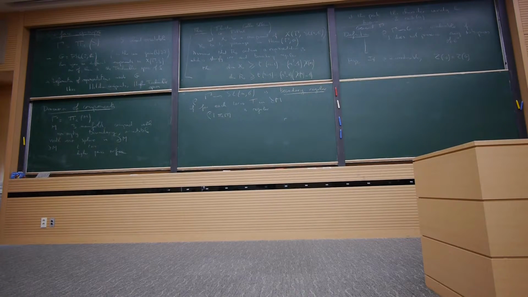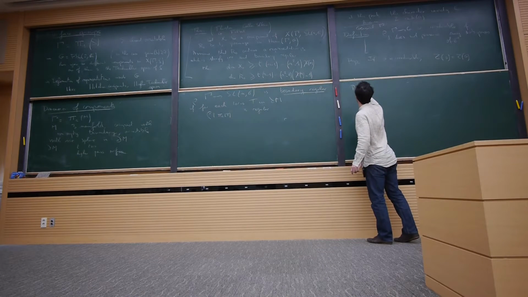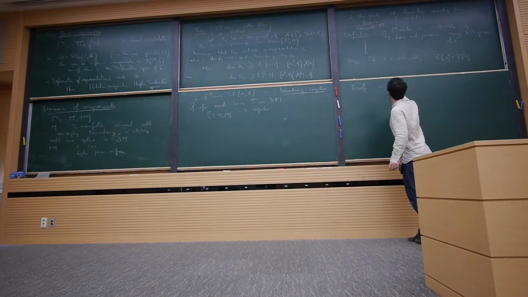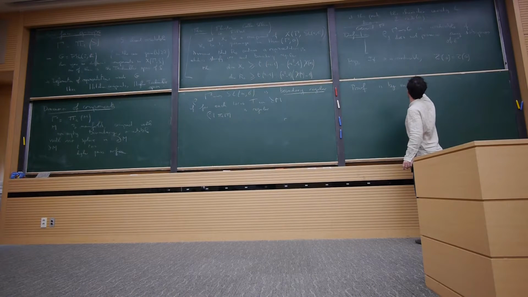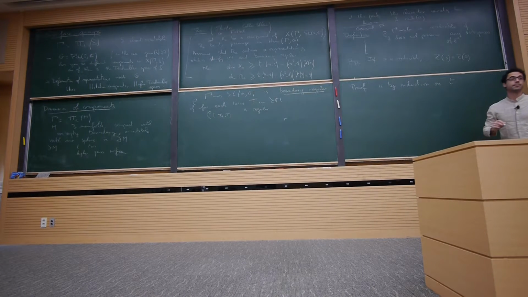Okay, so the proof is by induction on the number of tori. Which may seem surprising if it's your first look at this proof, but still it's a very nice idea how to make an induction on this number of tori.